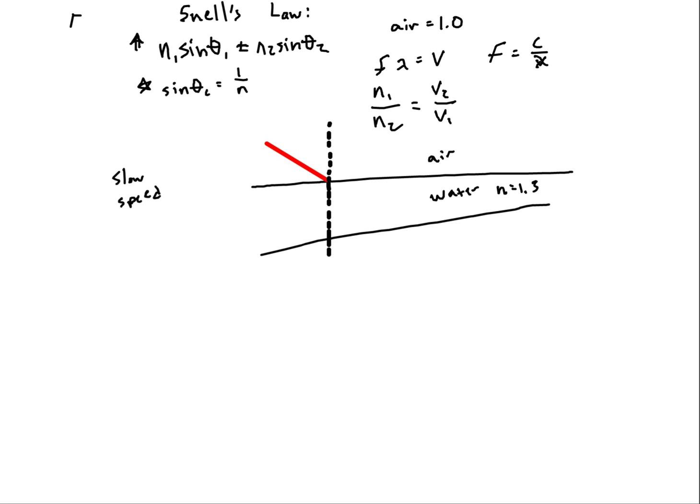Now, again, part of the ray will reflect off how we know, law of reflection says that our angle of incidence is going to equal our angle of reflection. So in other words, this angle will equal this angle. Now that's the law of reflection.